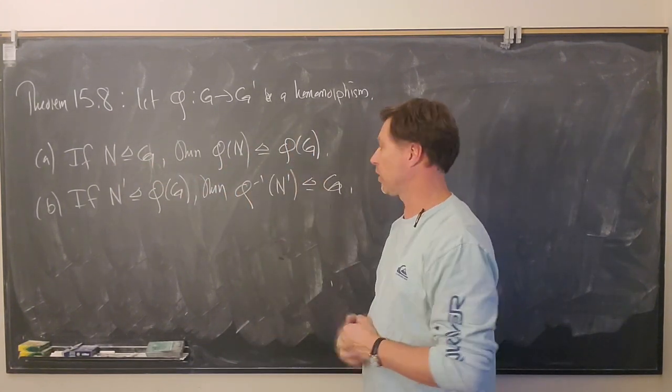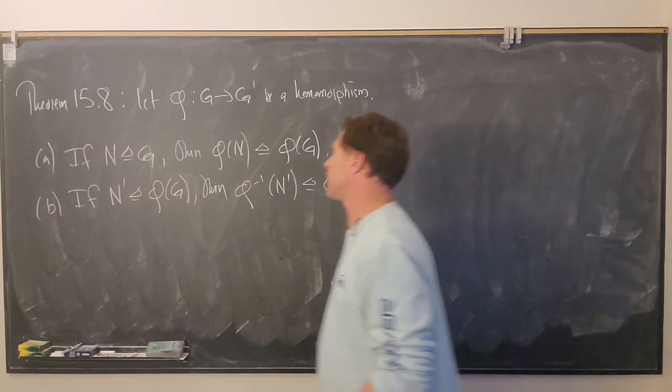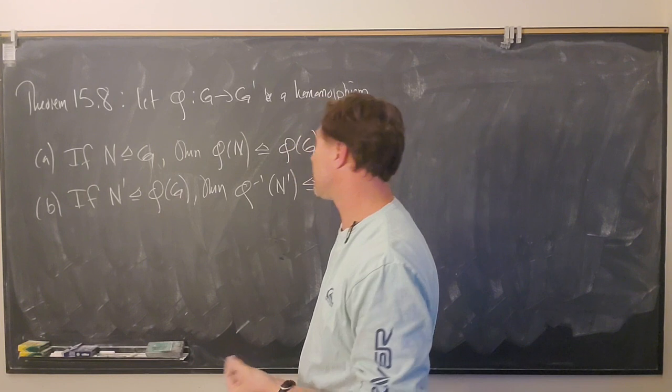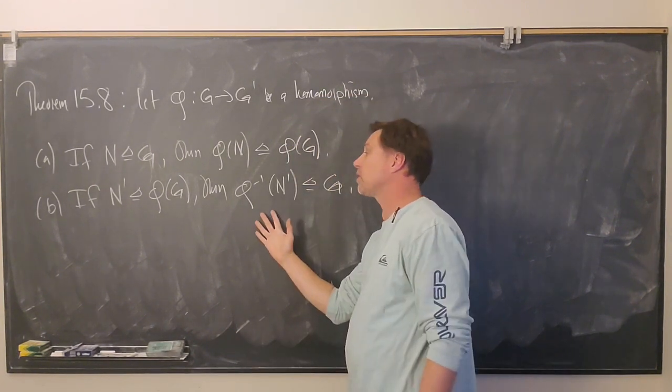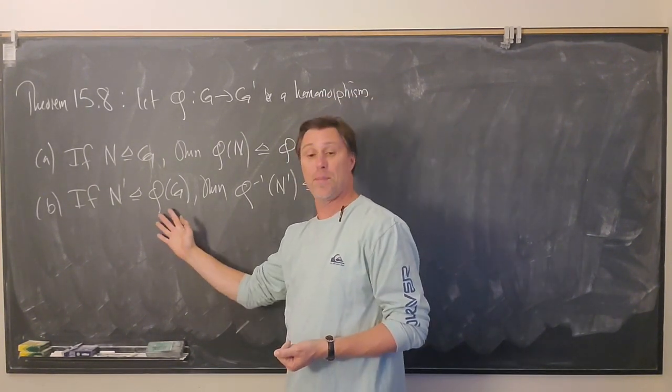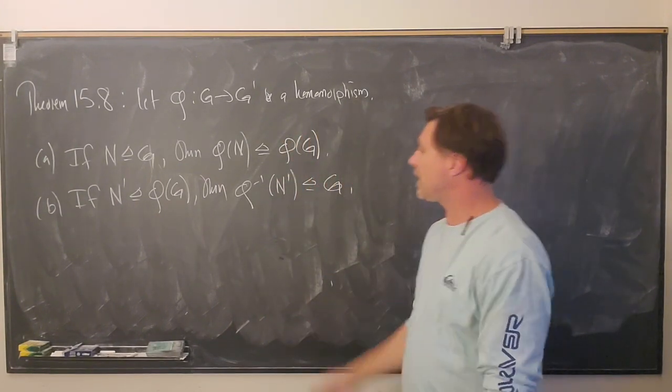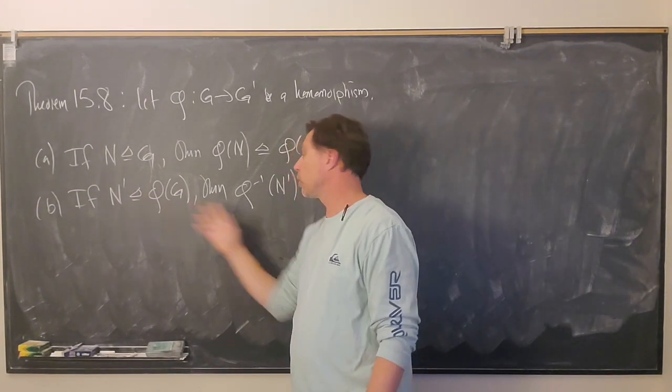You have to be a little bit careful here. Now in part B, it actually turns out I could replace phi of G with all of G prime if you want, but since we're looking at inverse images, it makes sense to only look at the image of the function in the first place. So you can interpret this as inverse images of normal subgroups are normal.